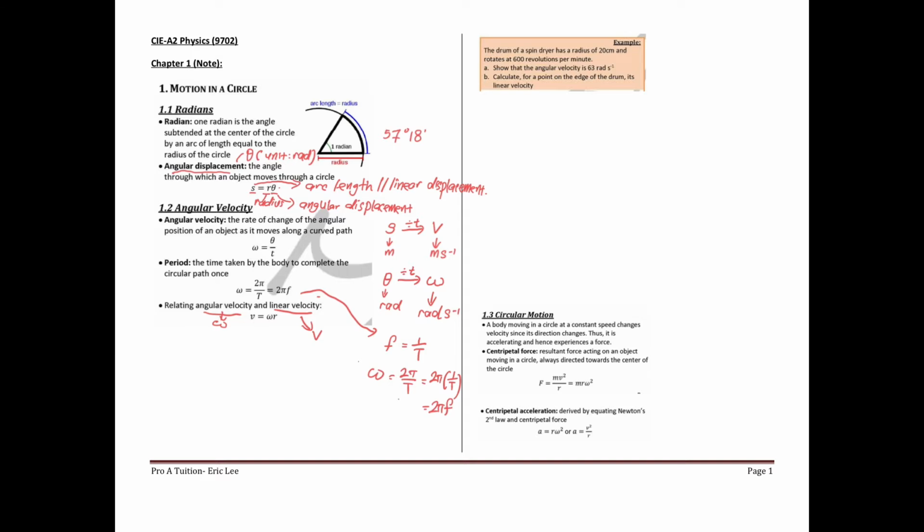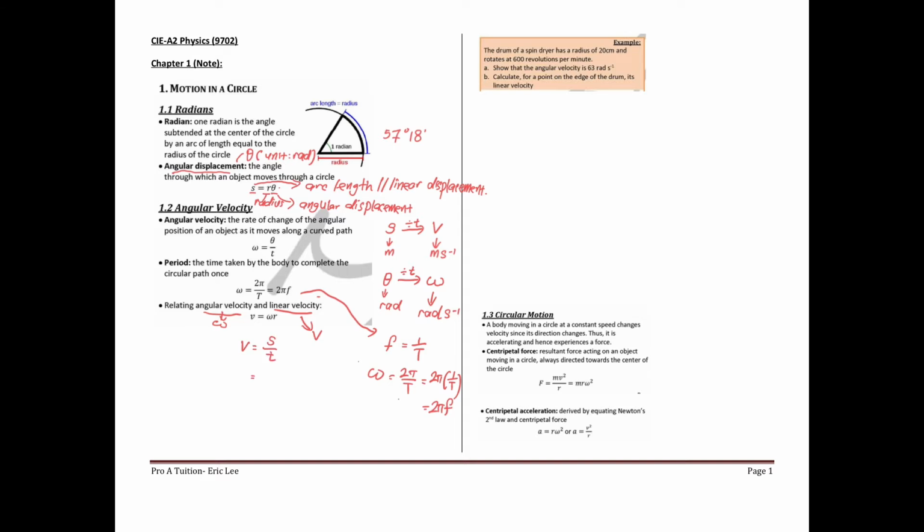So let's look at the working here. I start from the basic concept, which is here, displacement divided by time equal to velocity. So let me write down, velocity equal to displacement over time.